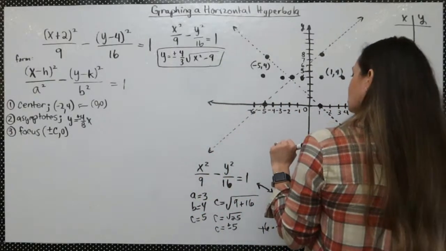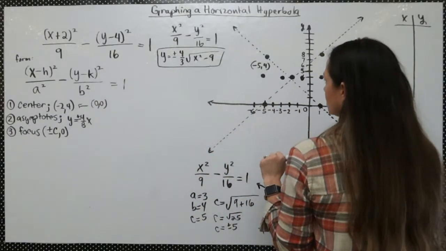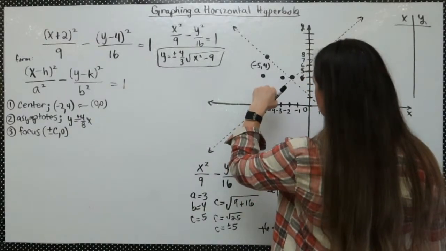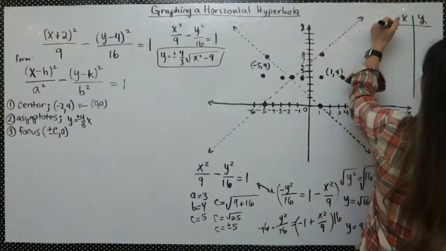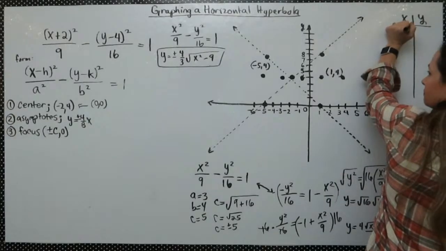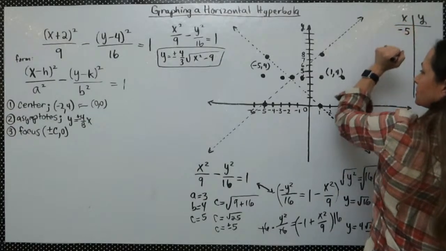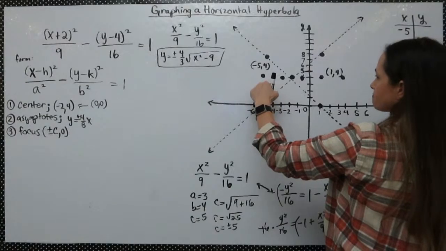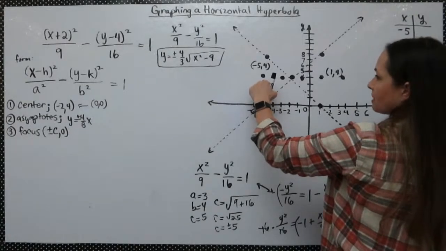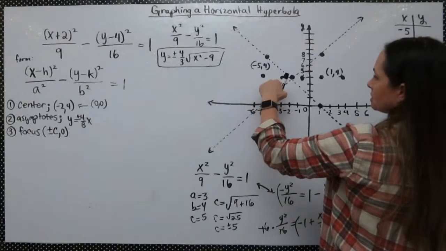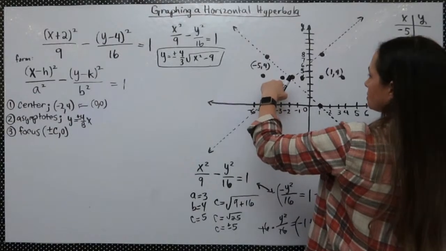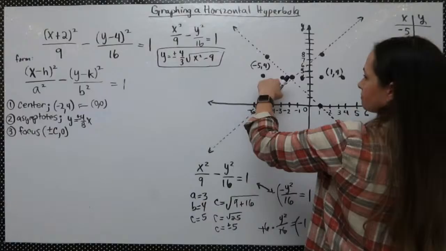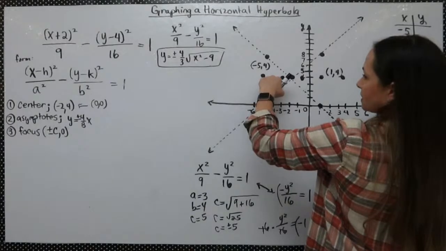So I'm going to go ahead and start with, we want to verify the center. So I'm going to start with -5. This is my center. We're going to start with, that was the focus. Let's start with the vertex.